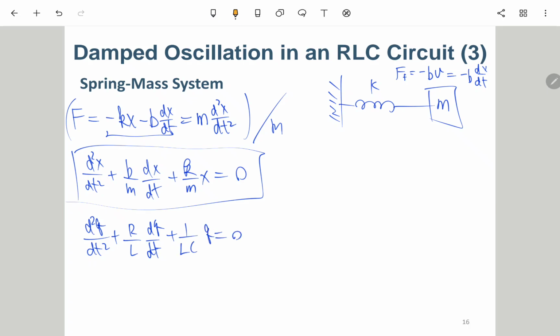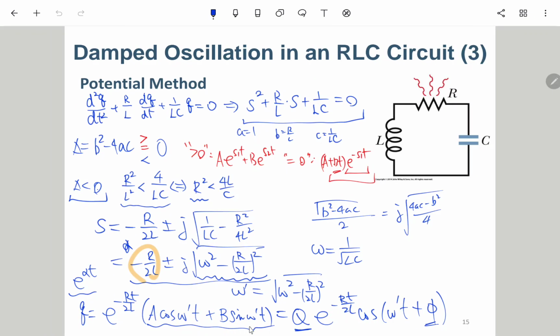So we only need to match this stuff to here, and this stuff to here. We change m to L, we change k to 1 over C, we change b to R, and we change x to Q. So for all the equations, we can just make this substitution.